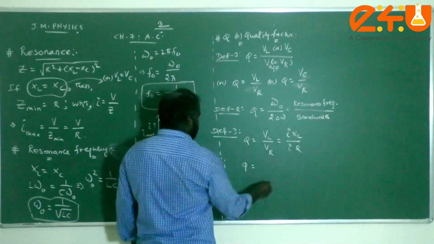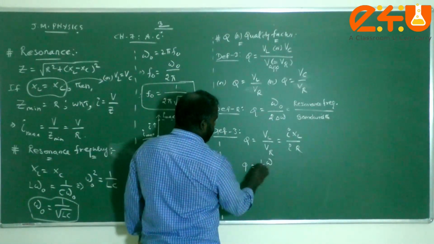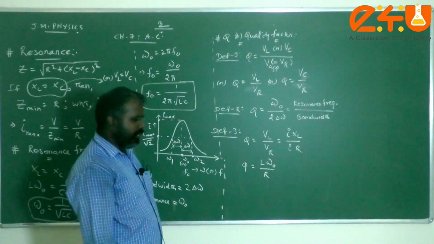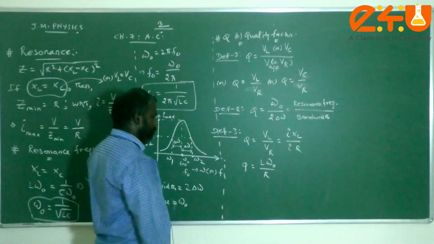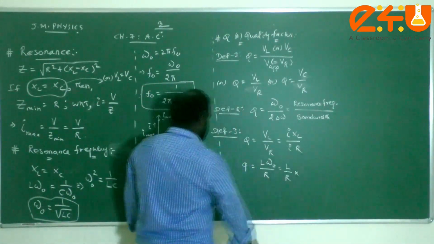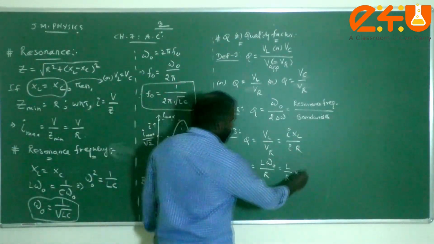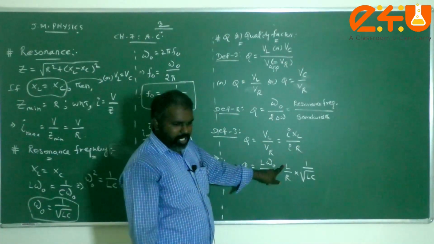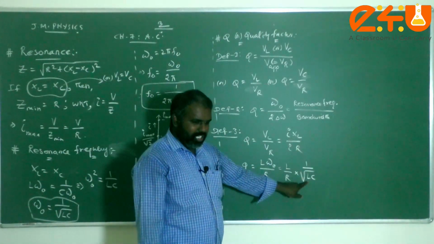Now please see that XL can be written as L omega naught divided by R, where omega naught is the resonance frequency. So we have L by R into omega naught. We know that omega naught is 1 by root LC. Therefore, this L can be written as root L into root L, so one root L gets cancelled out.